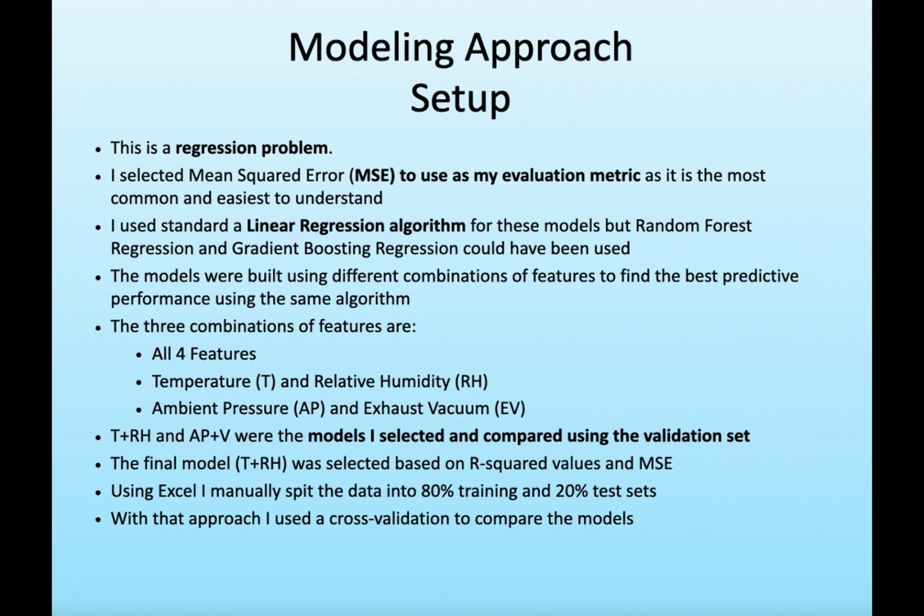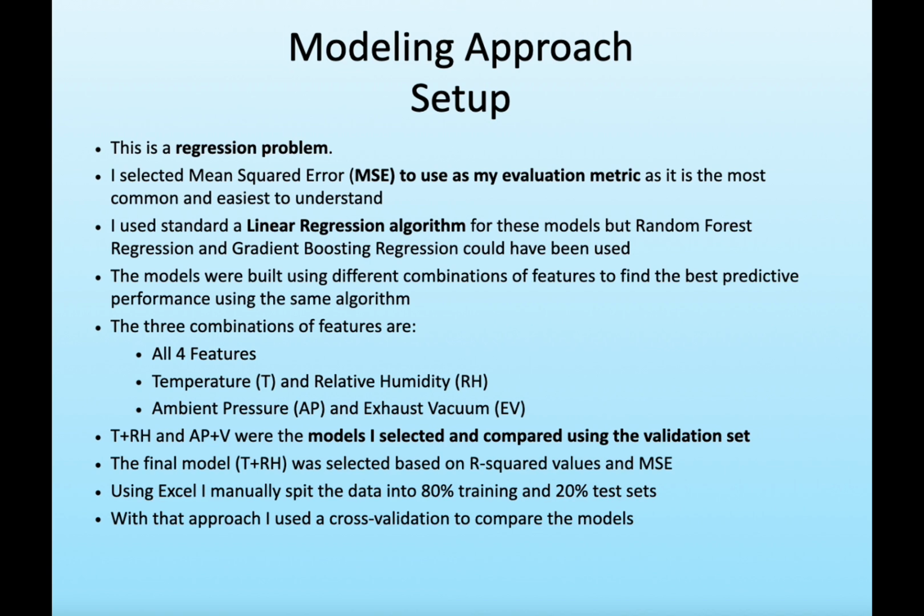The combinations of the features are as follows. I used all 4 features for the standard, for the control. I used temperature and relative humidity versus power, and then ambient pressure and exhaust vacuum versus power as well. These are the models I selected and compared using a validation set.